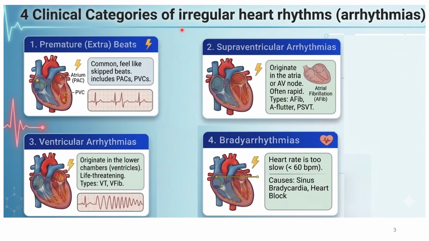Four clinical categories of irregular heart rhythms, arrhythmias, are premature beat, supraventricular arrhythmias, ventricular arrhythmias, and bradyarrhythmias.